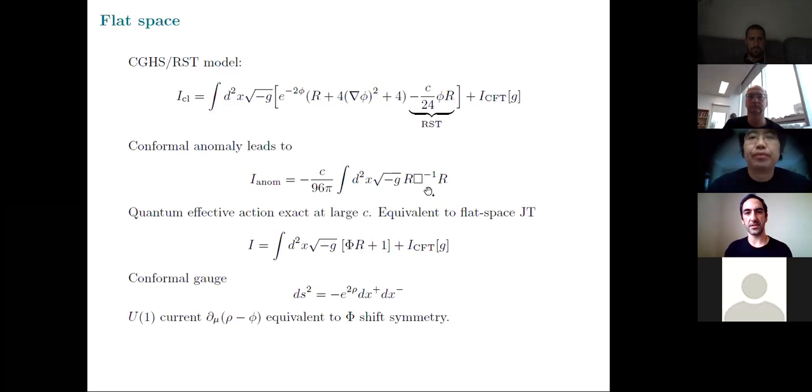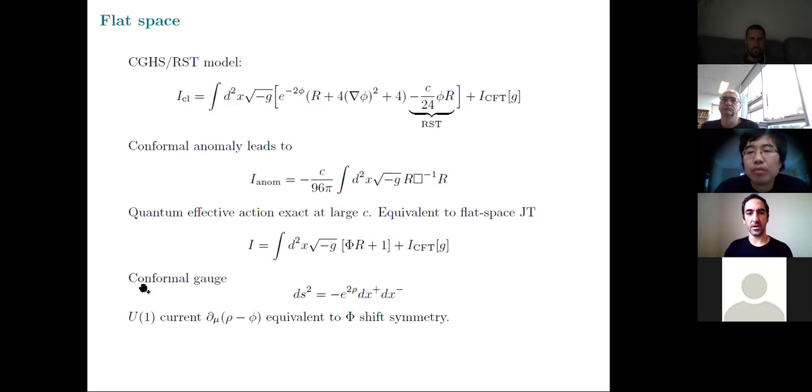So there's some set of field redefinitions that take you from these fields to these fields. This dilaton is a capital Phi. It's not the same as this dilaton here. And the CFT action comes along for the ride. It's still minimally coupled to the metric in this frame, and again, not coupled to this dilaton.